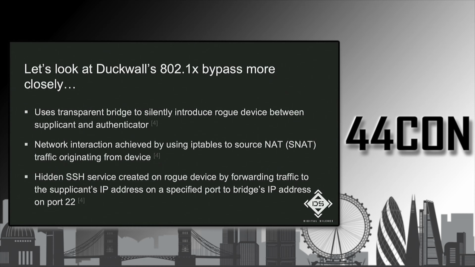So Duckwall's answer to this, and we'll go into why you have to do this a little bit later, was that he did two things. The first thing he did was use destination NATing to create a hidden SSH service that you could access from a very specific IP address with a very specific route setup, et cetera, if you were on the internal network.